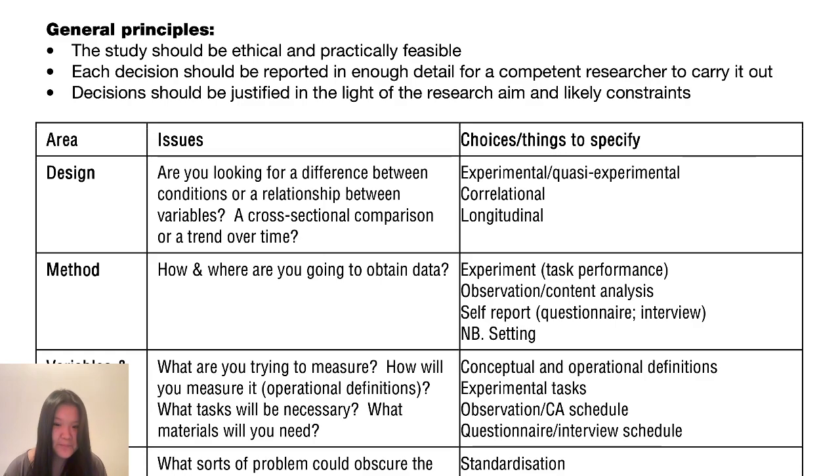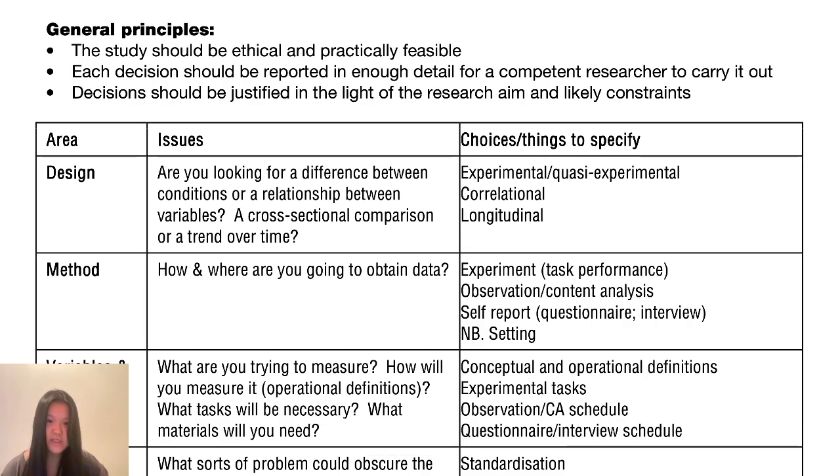All right. For designing a study, there are a few general principles that you have to follow. First of all, it should be ethical and practically feasible. I'm going to send you some key points whilst I'm talking about it.